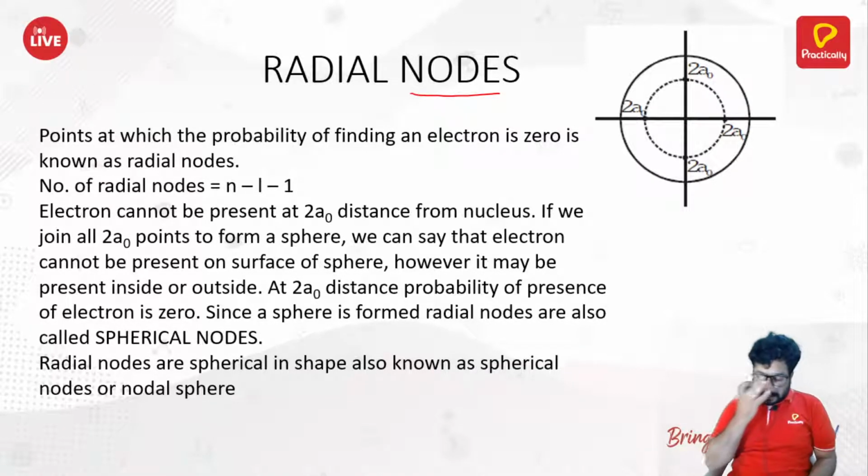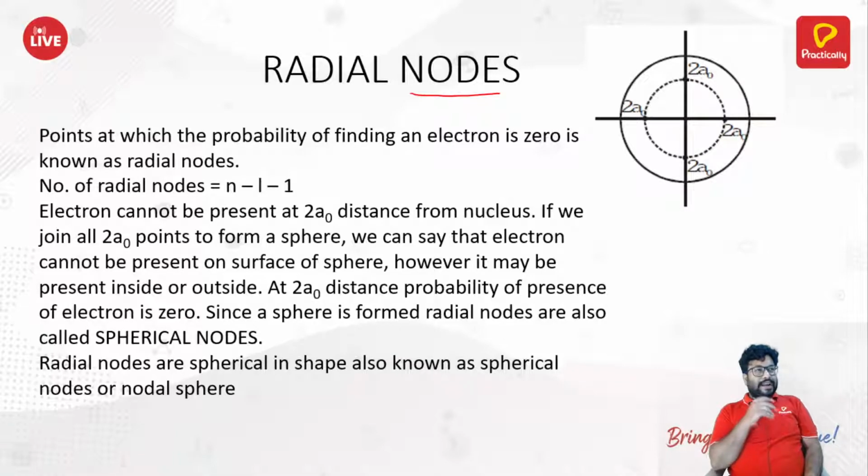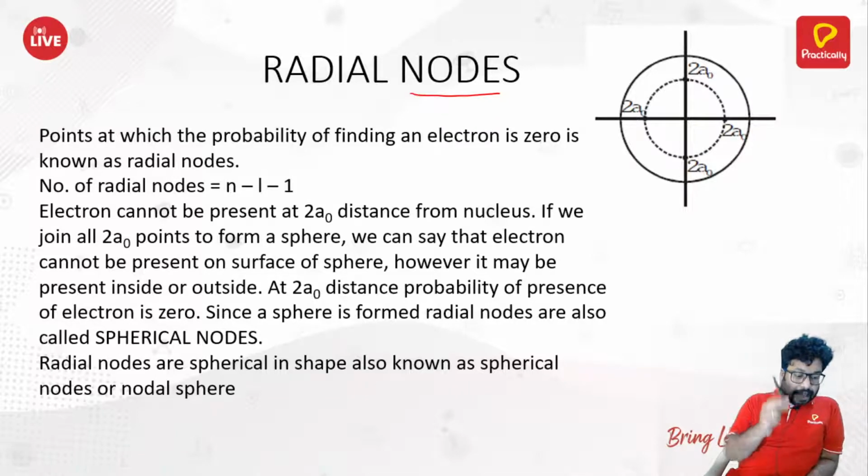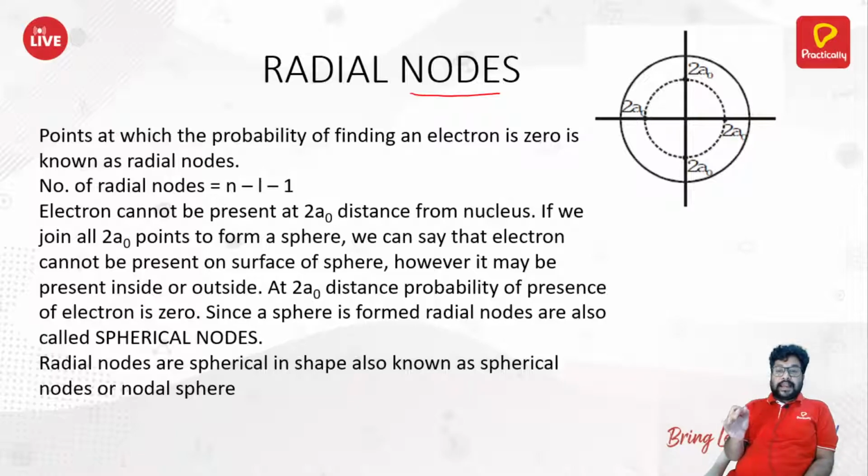Orbital is that part of an atom where probability to find the electron density is maximum. And what is node? Node is that part of the atom where probability to find the electron density is 0. In nodal part, you will not find any electron density.